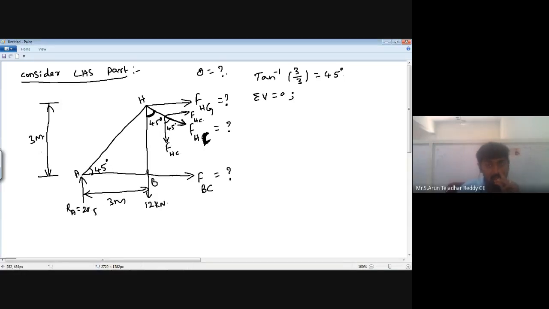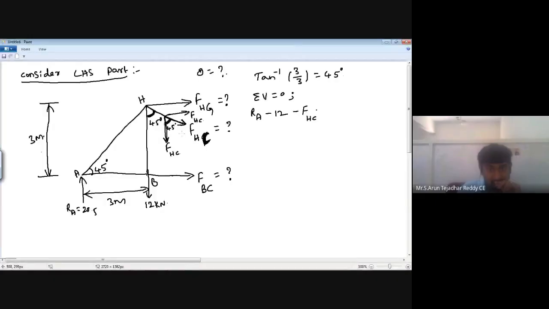If upward direction is positive, downward direction is negative. RA is upward, so take positive. Next, 12 kilonewton is downward, minus 12, and FHC is downward with a certain angle, so apply sin theta or cos theta. If your angle is here, then it is cos theta.